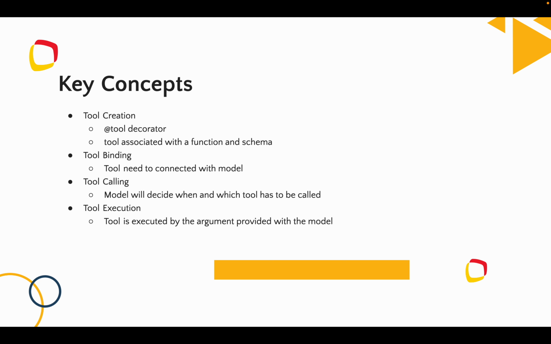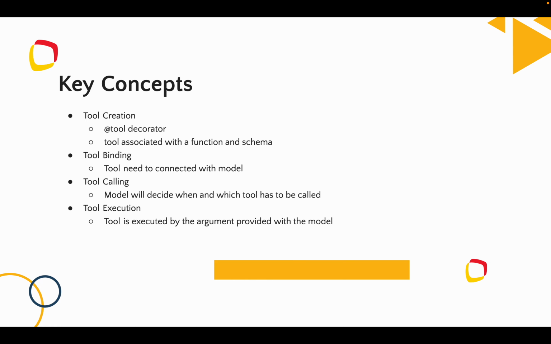Only then does the LLM model know that if some context occurs, it has to call this tool. Once the tool is bound with the LLM model, based on the context the LLM model will decide which tool to call. Then once the tool is decided, we need to execute the tool. These are the key concepts that we are going to discuss in this video.